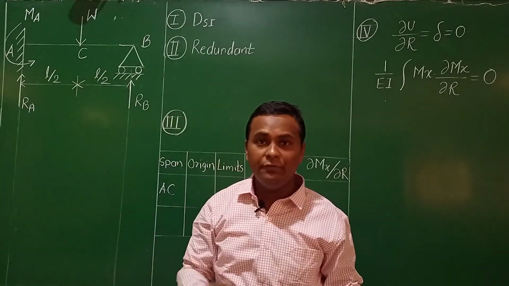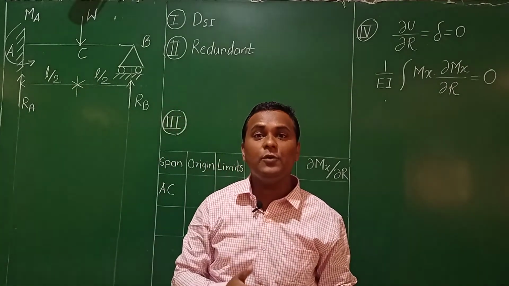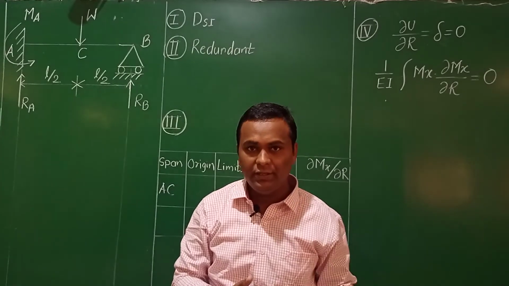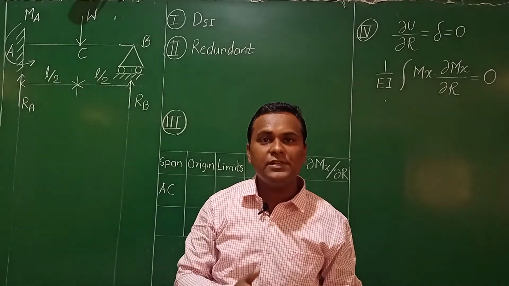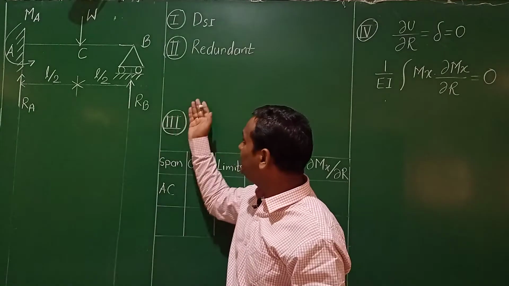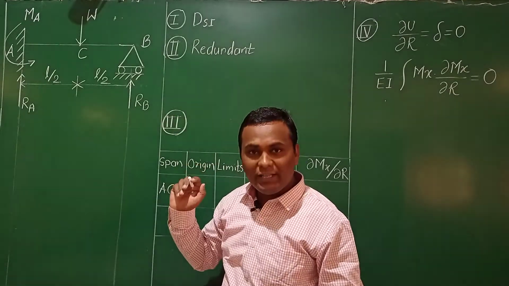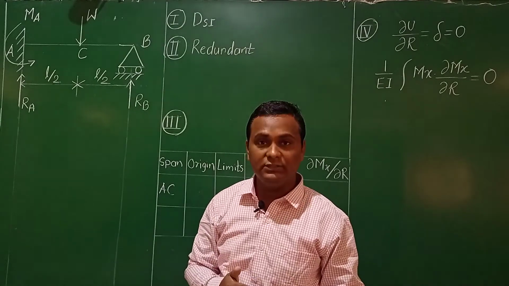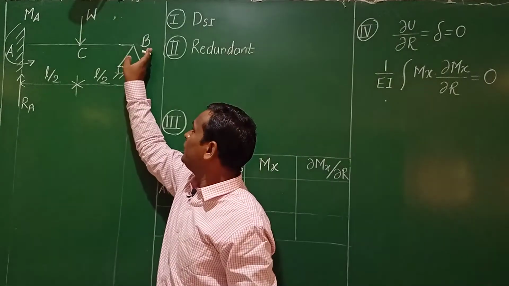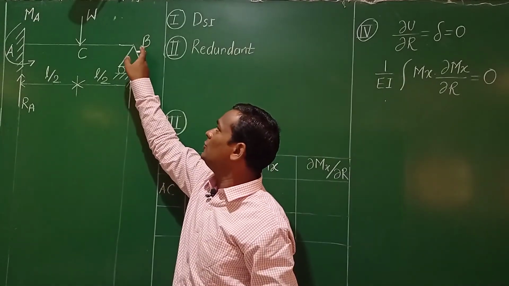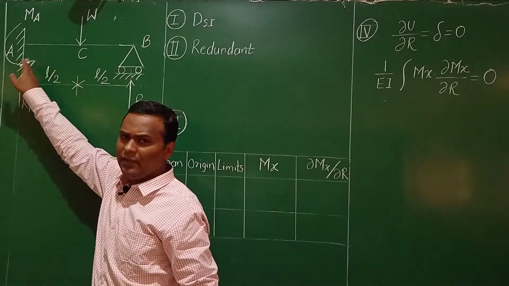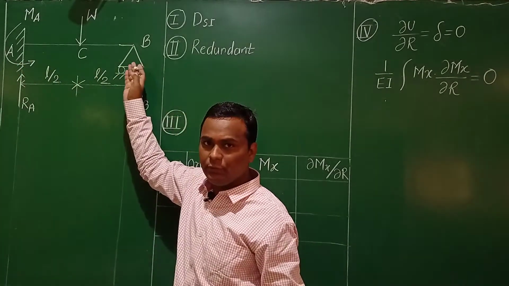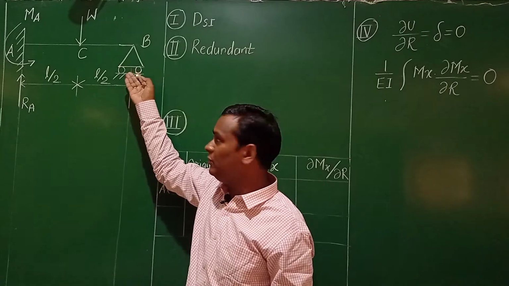Now first of all we need to check its degree of static indeterminacy. How to check the degree of static indeterminacy for this given propped cantilever? For that we need to first find out the unknown reaction components. Now here we have neglected the horizontal reaction at A, and at B there is a roller support, so there is no issue about the horizontal reaction.